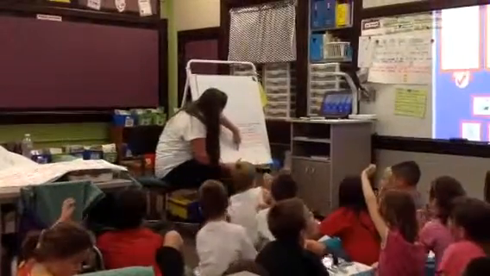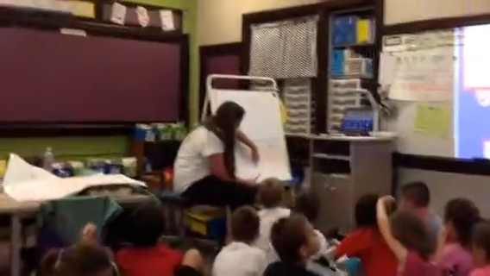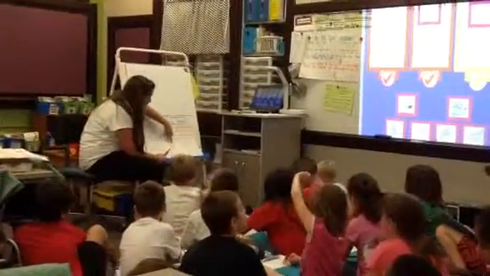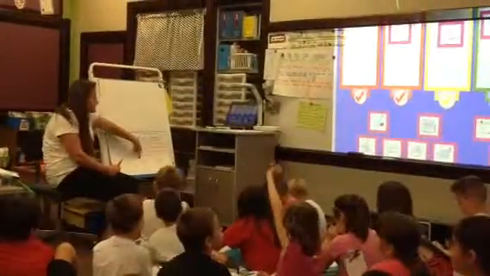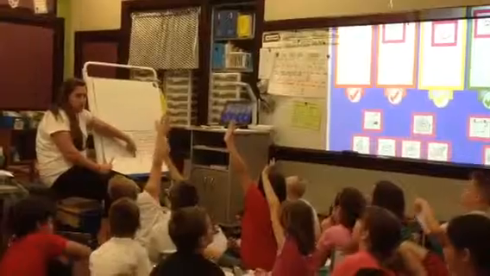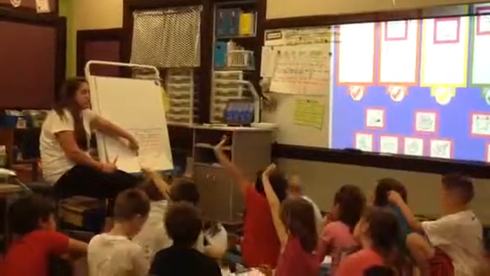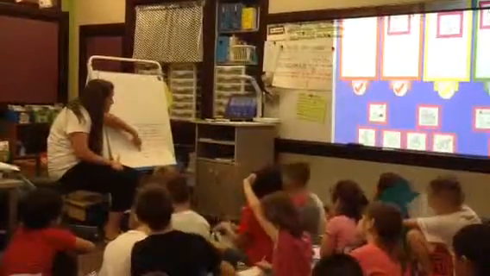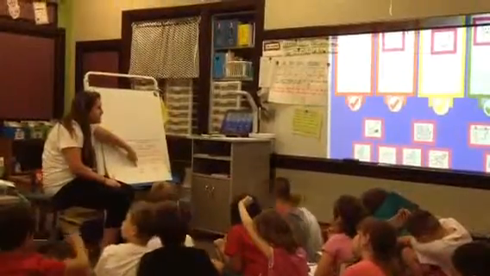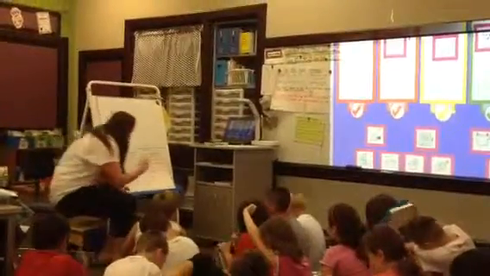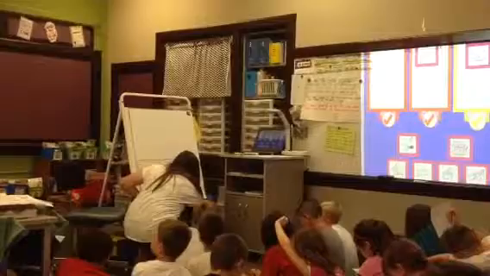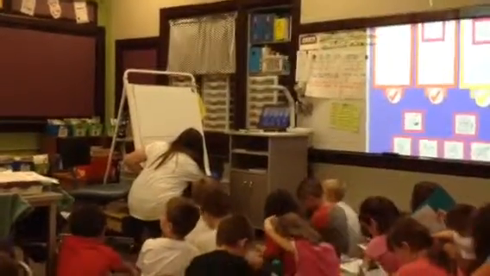What if you change this B to an R? What word does that make? Does anybody know if I change this B to an R? What, Bobby? Read. Now do you hear the E sound? Read. That's a good one. Read.